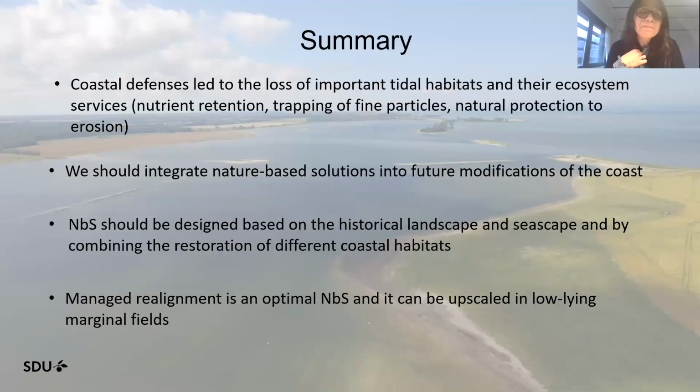So, summary. The coastal defenses lead to loss of important tidal habitats, and then you lose their important ecosystem services. For example, nutrient retention, the trapping of fine particles, and natural protection against erosion.